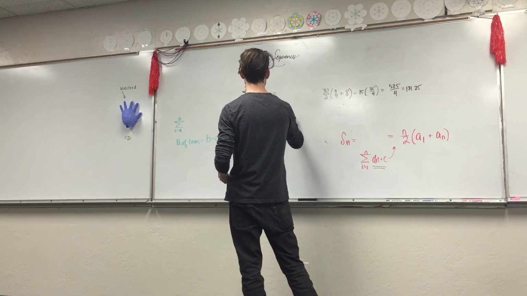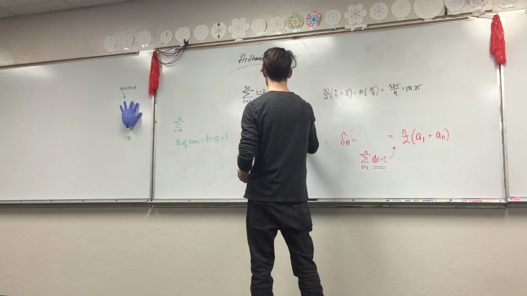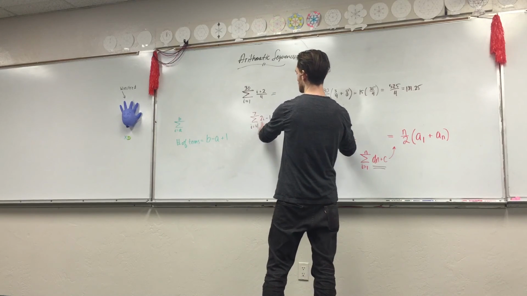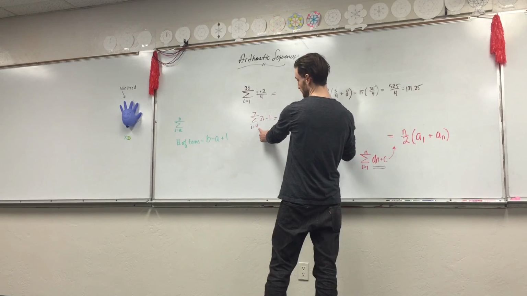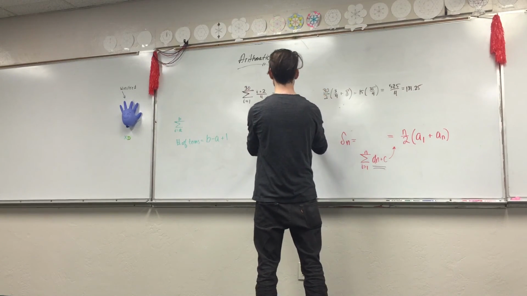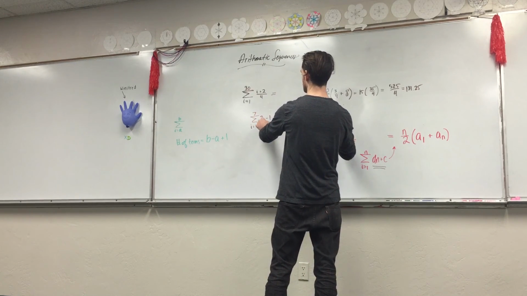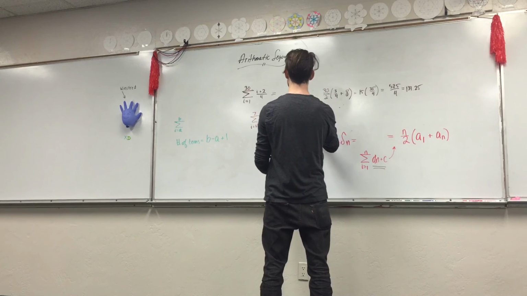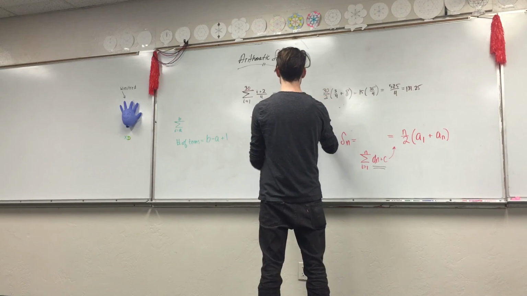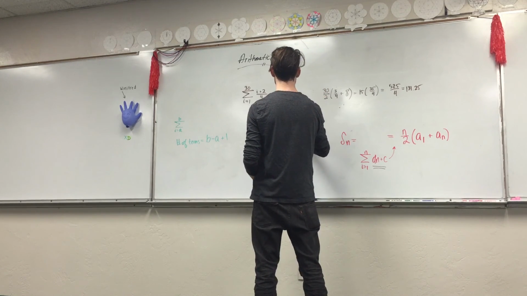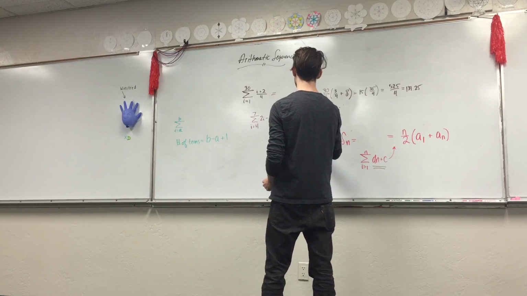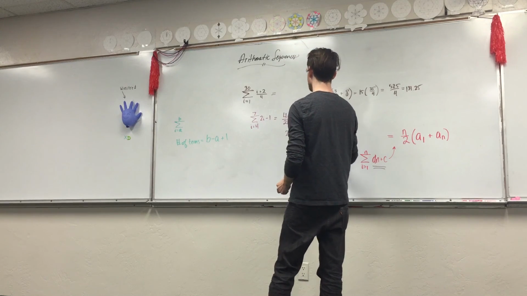So these are 4 terms, over 2. The first term is 2 times 4 is 8, minus 1 is 7. And the last term is 2 times 7 is 14, minus 1 is 13. So 4 over 2 is 2, times 7 plus 13, which is 20. This adds up to 40.